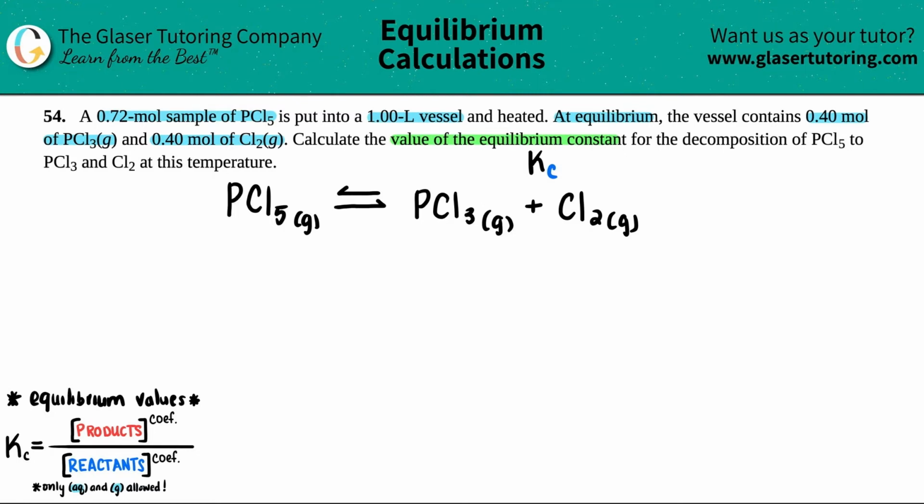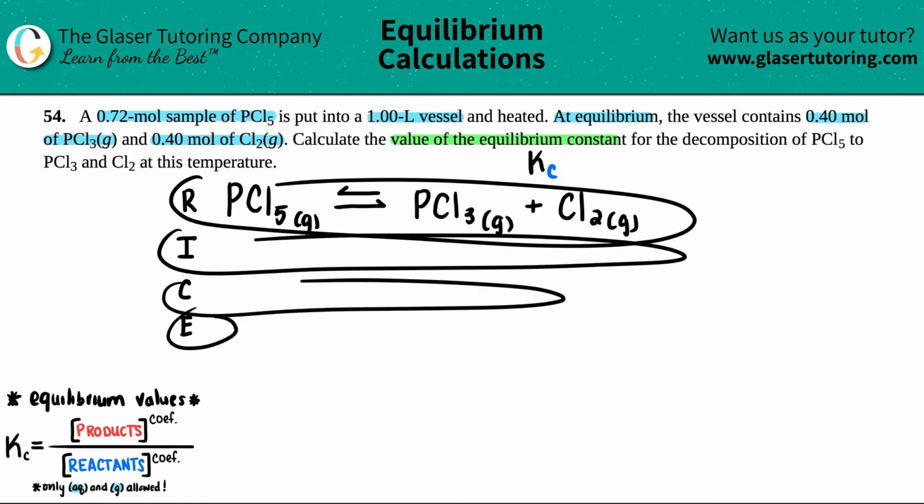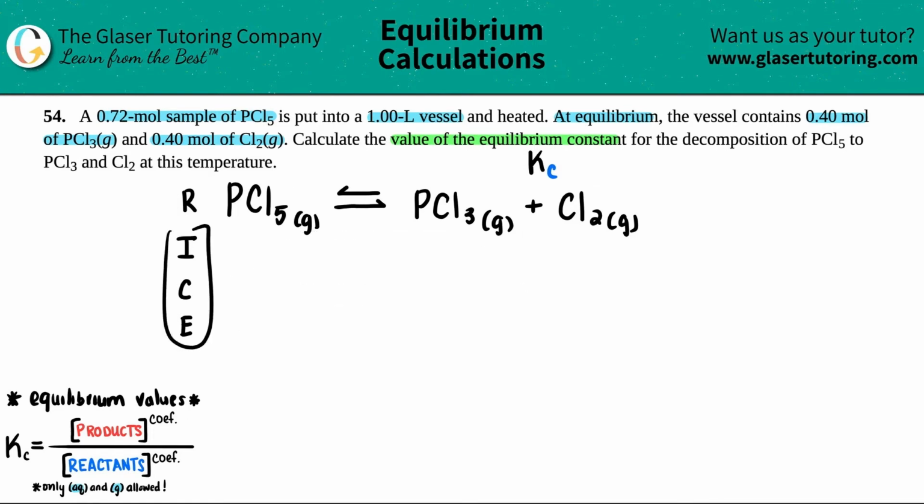You're going to get the same answer at the end. So what you're going to do is say the letters I, C, E. ICE, right? And if you were using RICE, the R represents the reaction. So there are 4 tiers for RICE, and 3 tiers if you just want to do the ICE table and just have the balanced equation at the top.